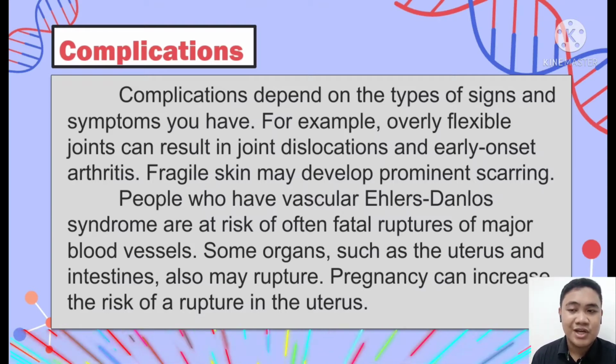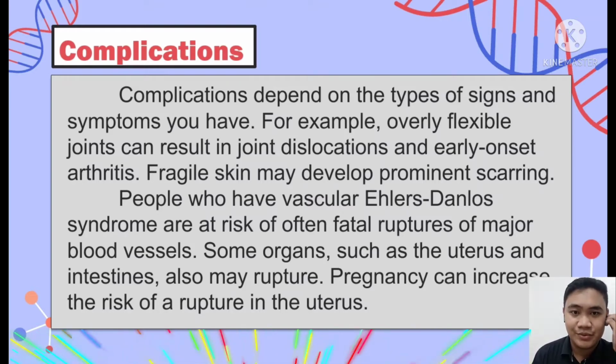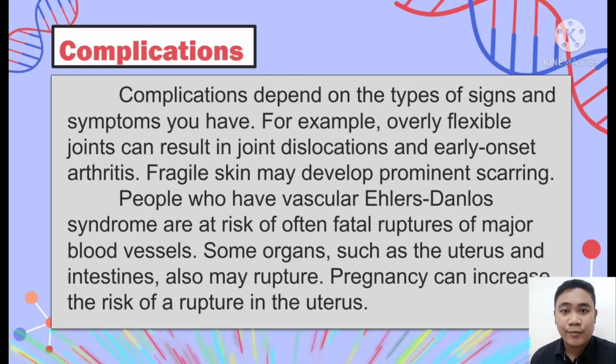Some organs, such as the uterus and intestines, may also rupture, which is risky for pregnant women because pregnancy can increase the risk of a rupture in the uterus. Another complication is that EDS can give a severe rupture not only in the blood vessels but also in the reproductive organs of women.